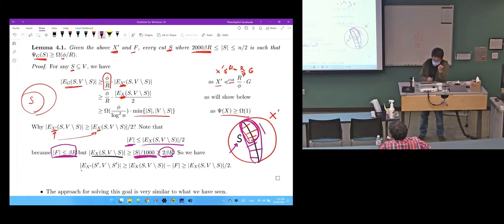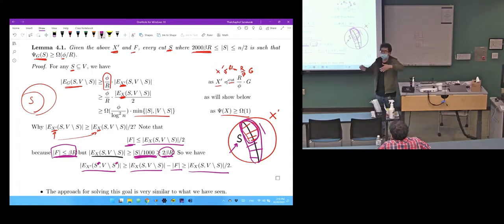Okay. So once you have this, then we are done. Look at this cut in X prime. It contains real edges and fake edges, but more than half of it are real. So you get this. So you see, this is only true for the balanced enough cut S, right?